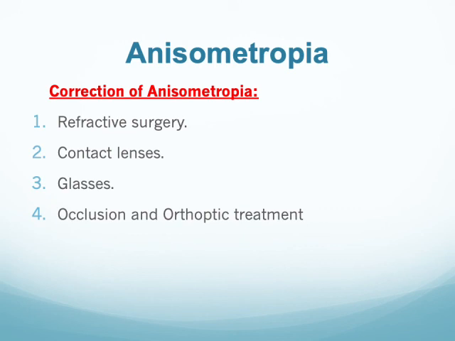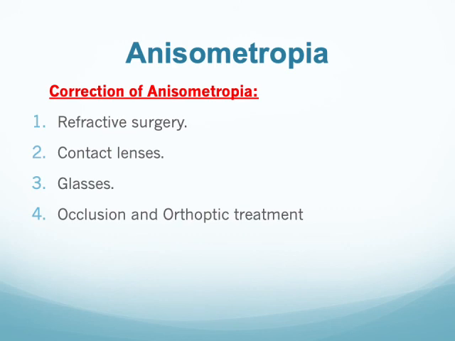Refractive surgery is a good option for the correction of anisometropia in children, and the aim here is not to get rid of glasses, but to help the patient wear glasses that are consistent between the two eyes and to help the development of vision during the critical period of vision development of the brain and avoid the occurrence of amblyopia.